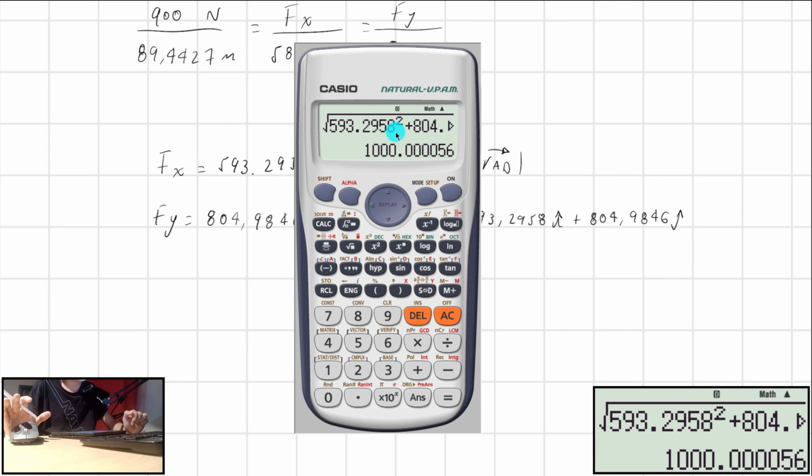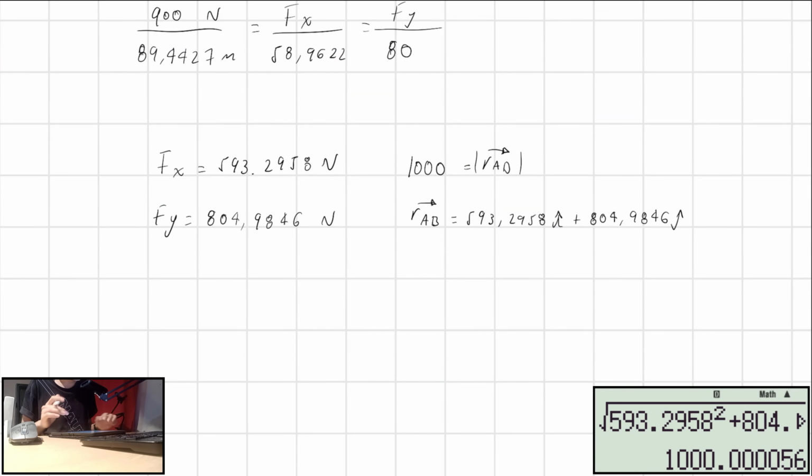So if I do it, which is not necessary, I would have a perfect 1000 right here. This is actually pretty good. That is why I always use just 4 significant digits after the comma, because I already know that this is pretty accurate. And that would be all, guys.